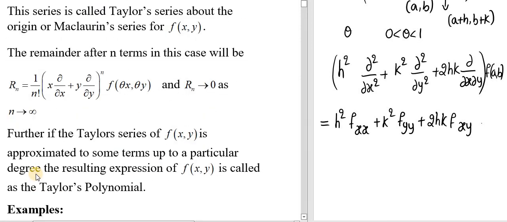Further, if the Taylor series of f of x comma y is approximated to some terms up to a particular degree, the resulting expression of f of x comma y is called the Taylor's polynomial. So, if in the question they ask to expand the given function up to 4th degree, then the answer is called Taylor's polynomial. If they give up to a particular degree, then Taylor's series becomes Taylor's polynomial.